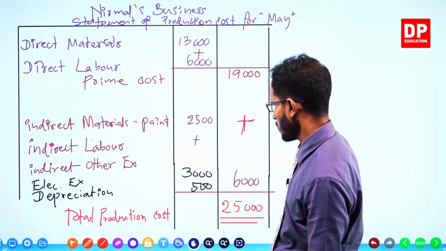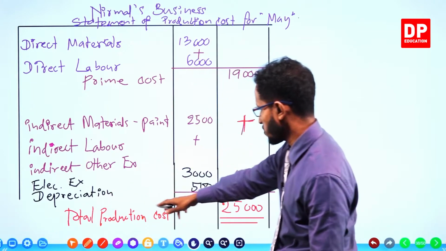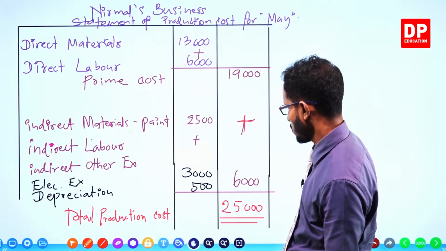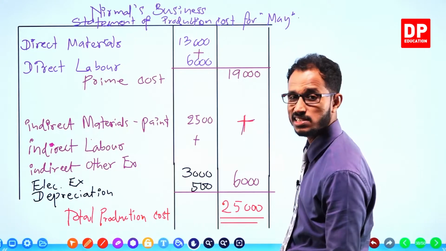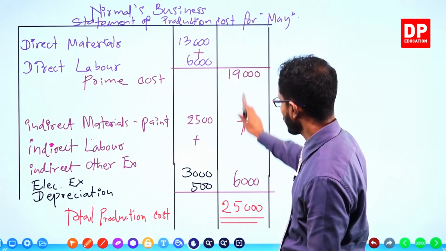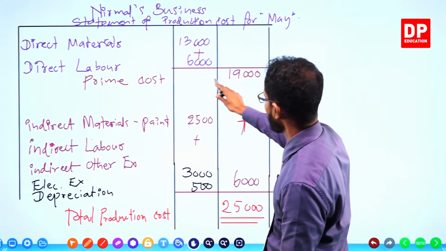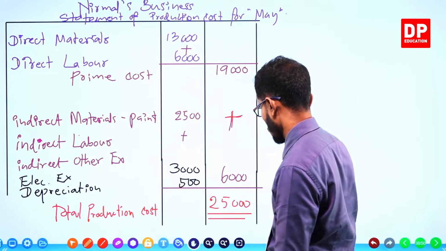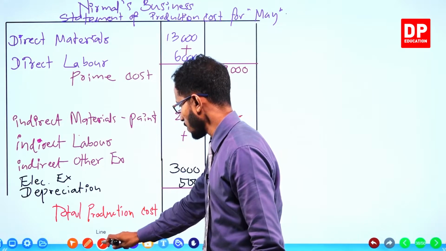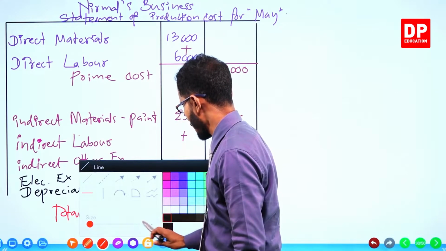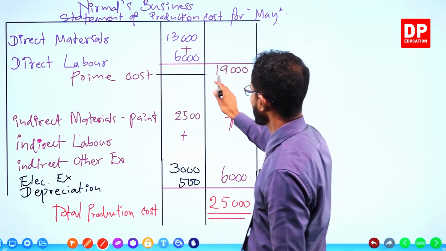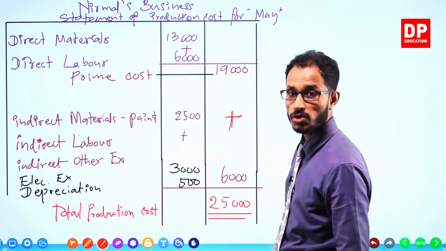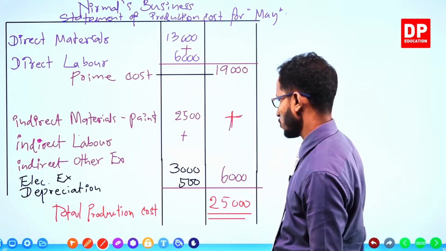I didn't write it here because of shortage of space. You have to write like this: 19,000 is the prime cost. This 6,000 is the overhead cost.